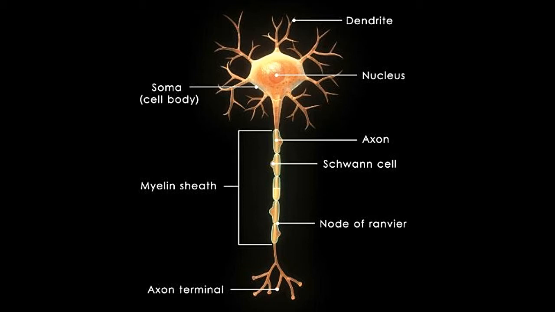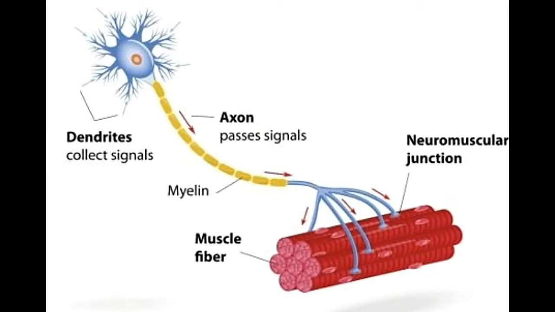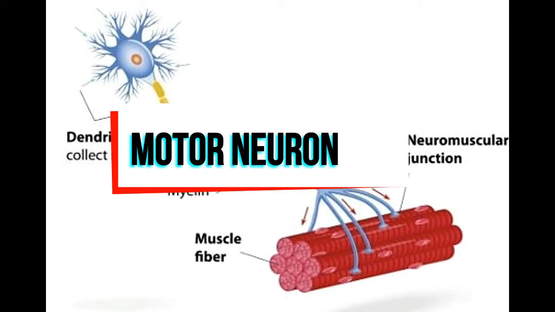Motor neurons contain efferent fibers, and perform the task of relaying impulses from a cell body located in the central nervous system to an axon that leads to an effector such as a muscle or gland. Nerves that contain both sensory and motor neurons are called mixed nerves. Spinal nerves are an example of mixed nerves.